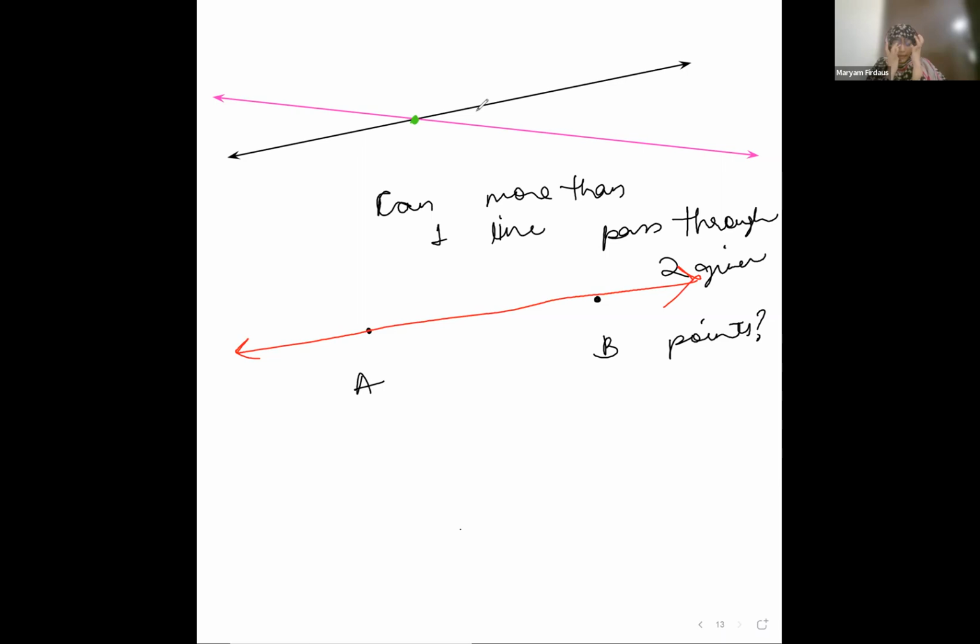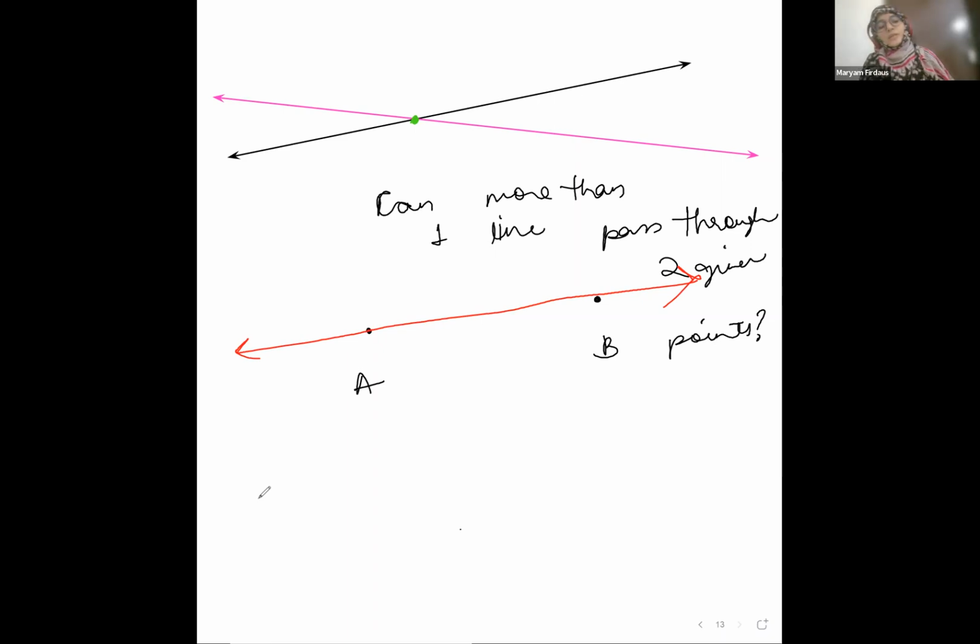You can see this red line. Can any line other than this red line pass through these 2 points? Are you getting the question, Hiba? Yes. But they can't add more.